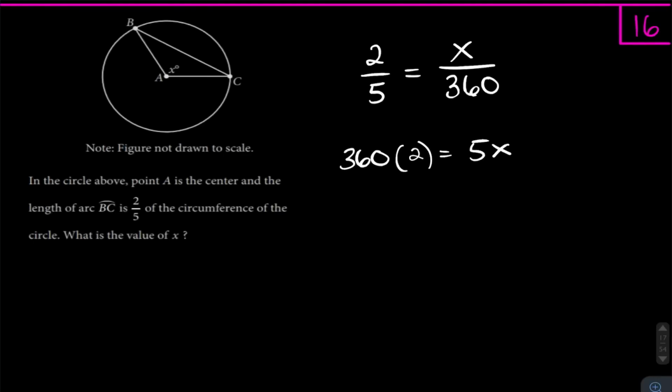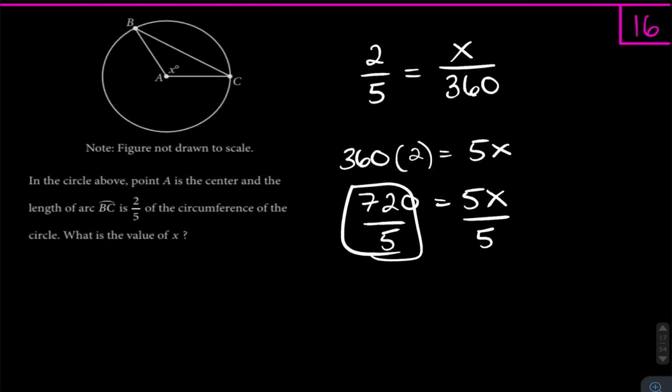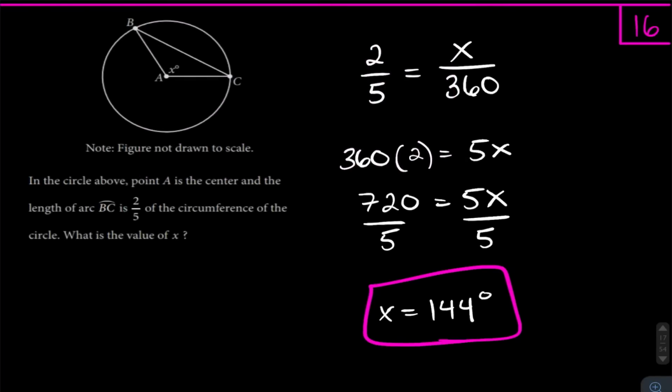This ends up being 720 equaling 5x, and dividing by 5 on both sides, you can just do some long division there, because I don't believe this is a calculator problem, as those are all after problem 30. But yeah, you get x is equal to 144 degrees, and that's your answer for problem 16.